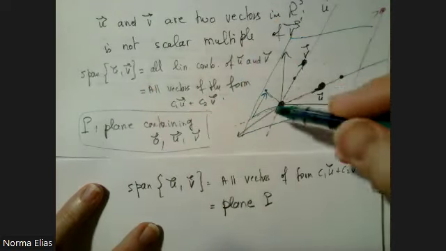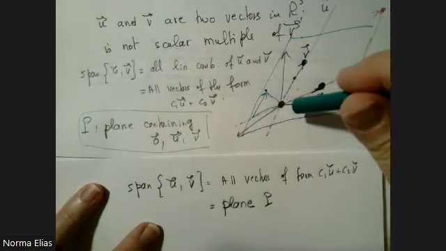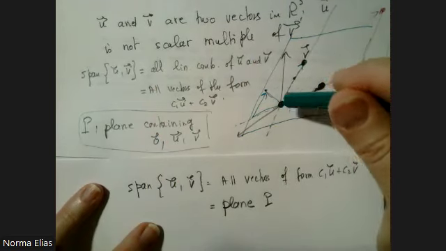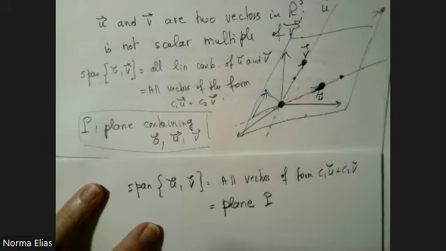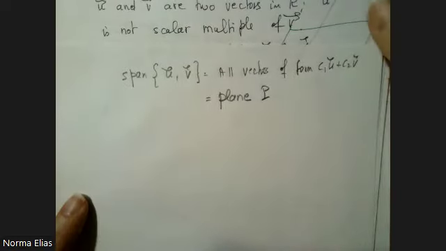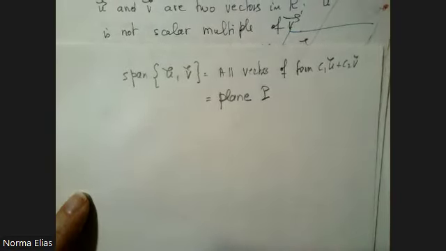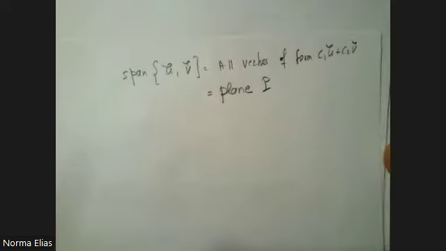Everything in this plane can be written as a linear combination. Once you have a vector outside the plane, there is no way you can reach it by following U and V only. So the span of two vectors in R3 is going to be a plane, as long as the vectors are not multiples of each other.